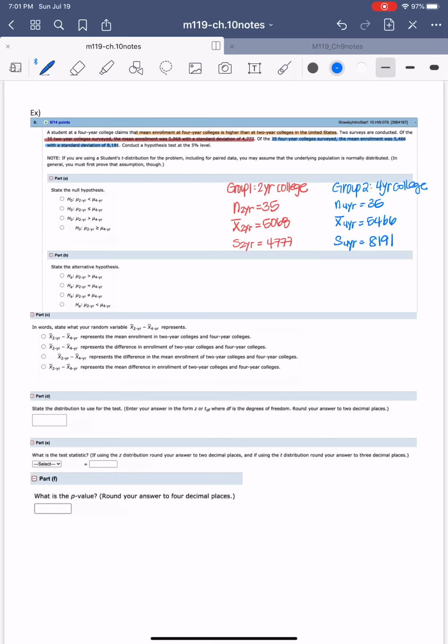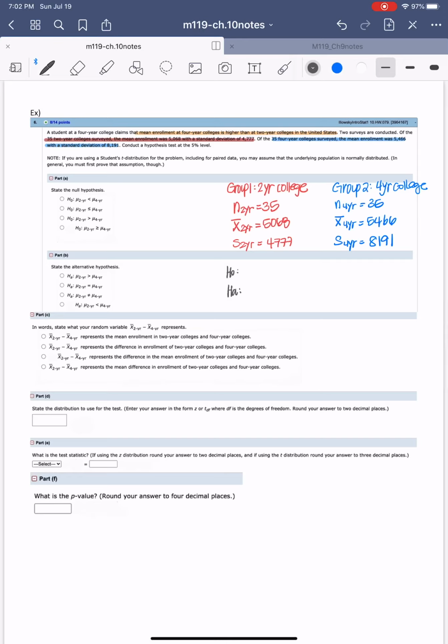All right, let's start with step 1. Step 1 is null and alternative hypothesis. We have the null and then alternative hypothesis. Remember what I highlighted, that's your alternative hypothesis testing claim. What does it tell you? Literally translate. 4-year college is higher than the 2-year college. You're comparing between the two.